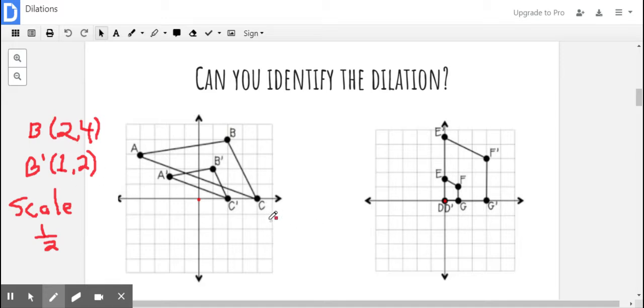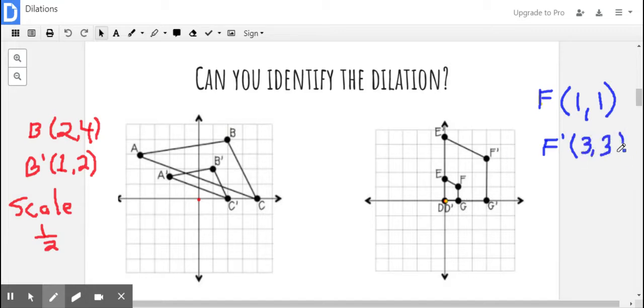Looking at the graph on the right, we have point D and D prime at the origin. They're both at the same place. If we multiply that (0, 0) by anything, it's not going to move anywhere different. Instead, let's look at point F. Point F is at (1, 1) and F prime is at (3, 3).